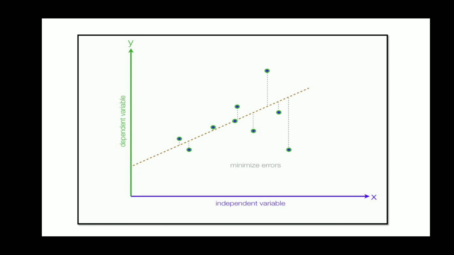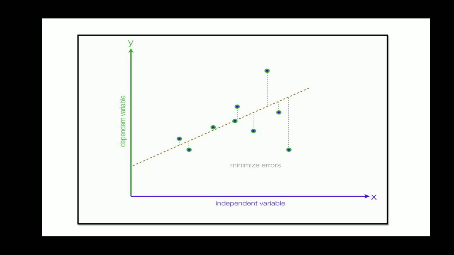That's what a regression line describes. This line describes the average relationship between two variables. Sometimes people also call it the line of regression or line of best fit.